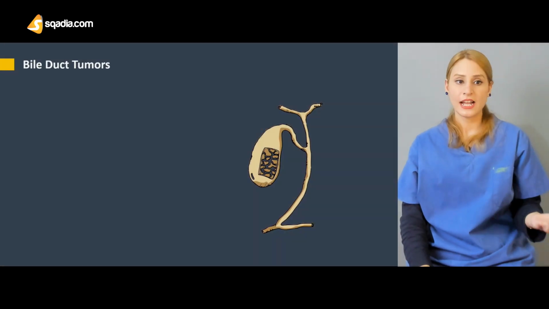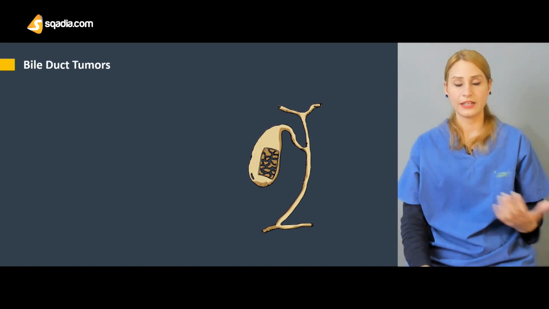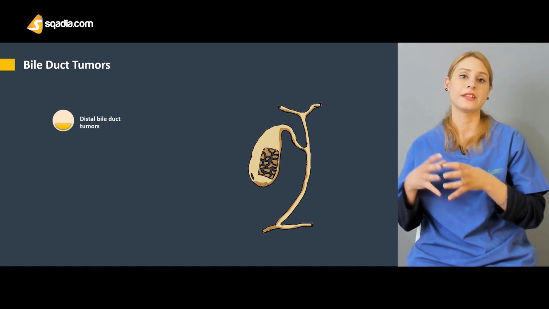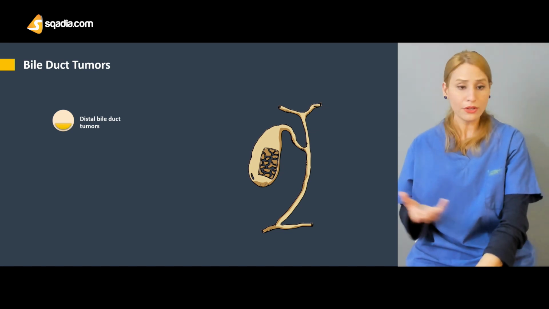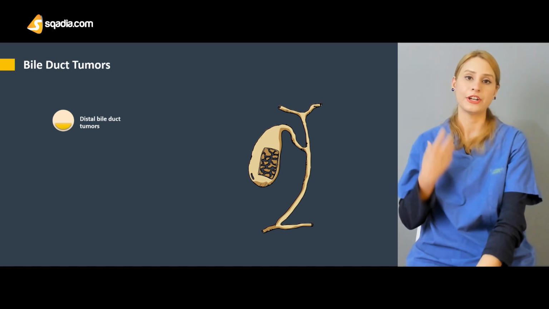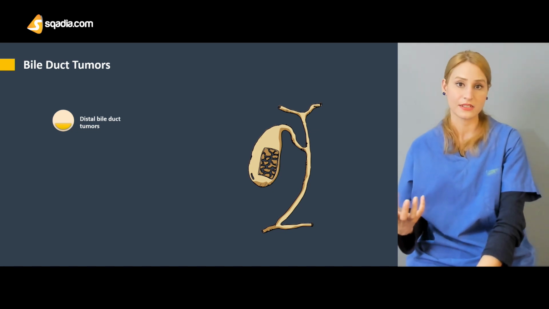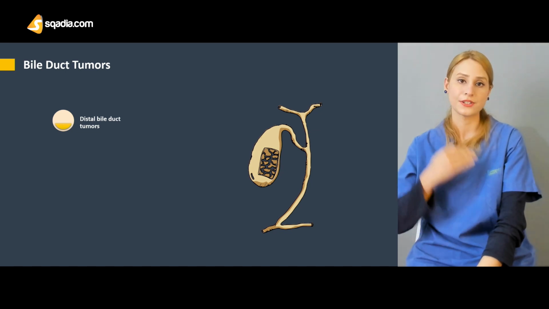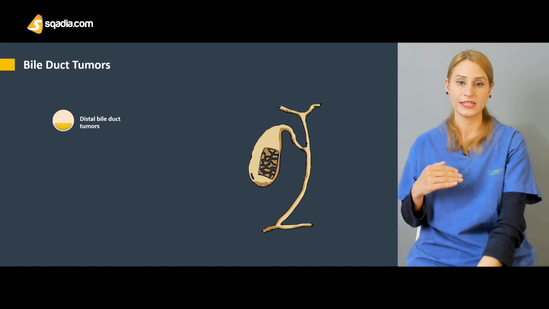Okay, so this was the classification depending upon the origin and the classification depending upon their location. Now, we already talked about the distal bile duct tumors, which involve most of the distal common bile duct, just below the cystic duct.